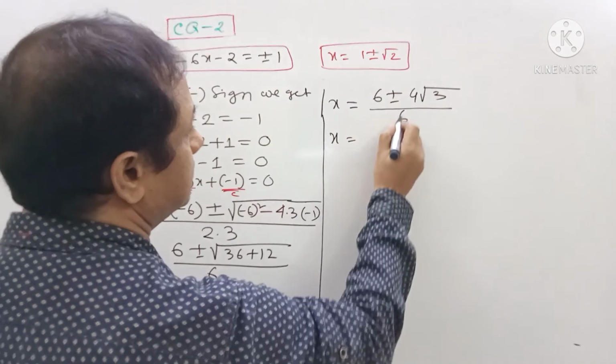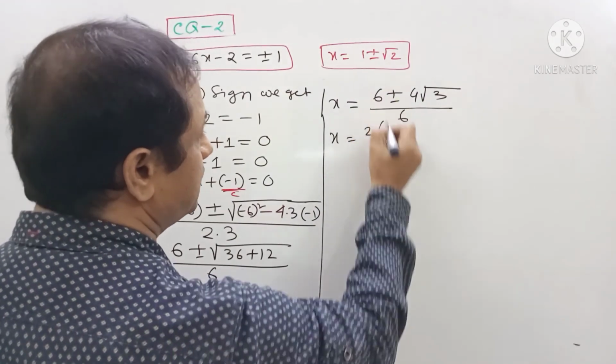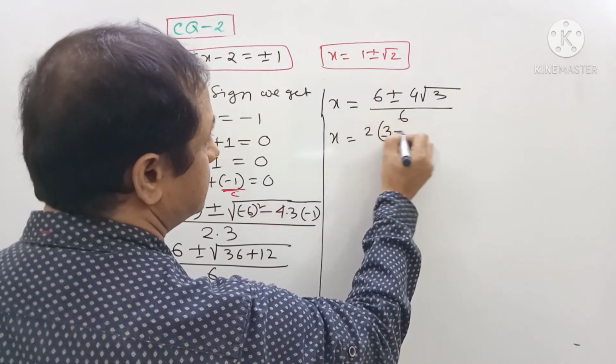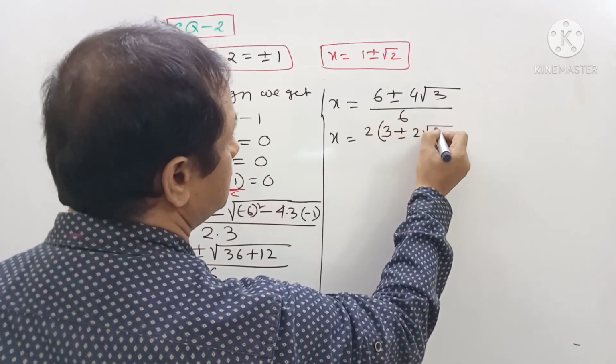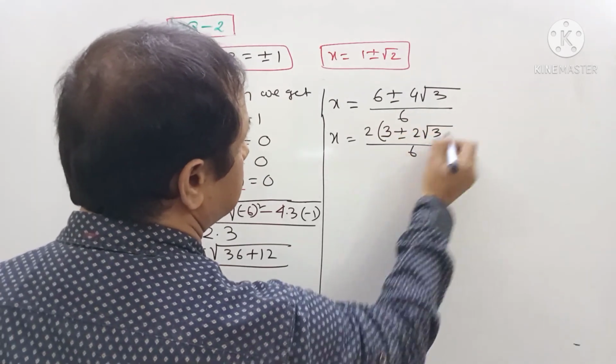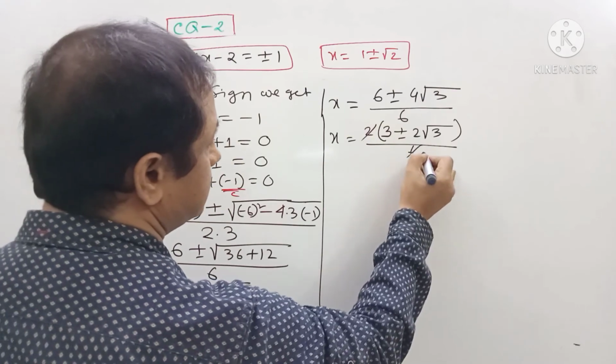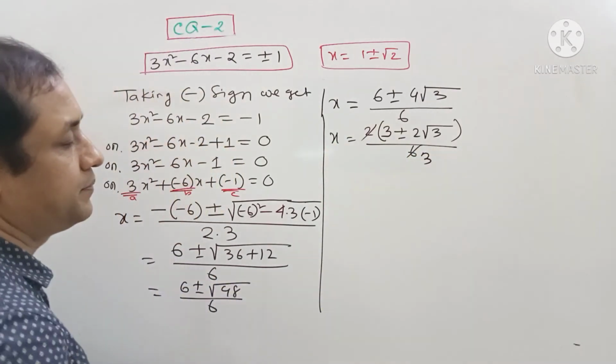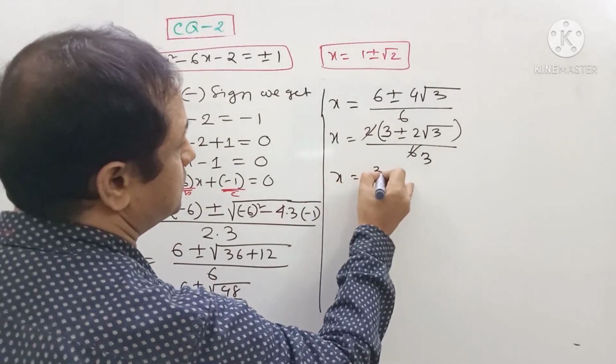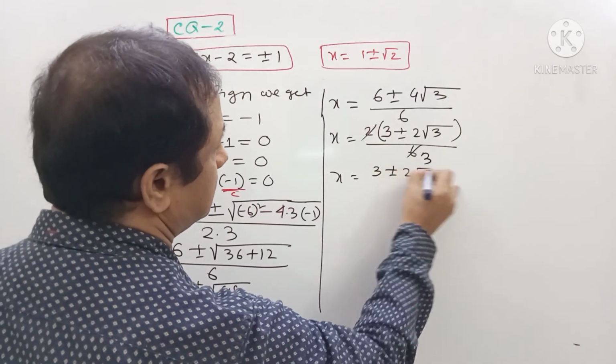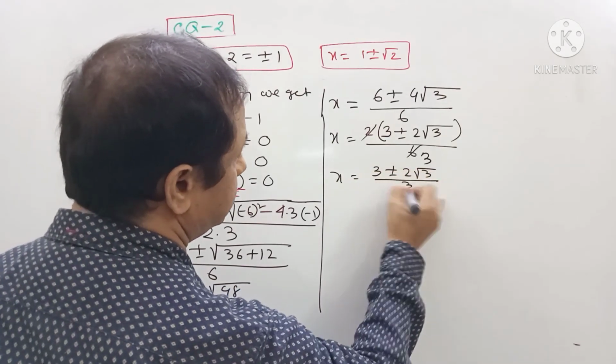Taking common 2 from the numerator, we get 3 plus minus 2 root 3 by 6. So 2 and 6 are cancelled, then 3. So x equals 3 plus minus 2 root 3 by 3.